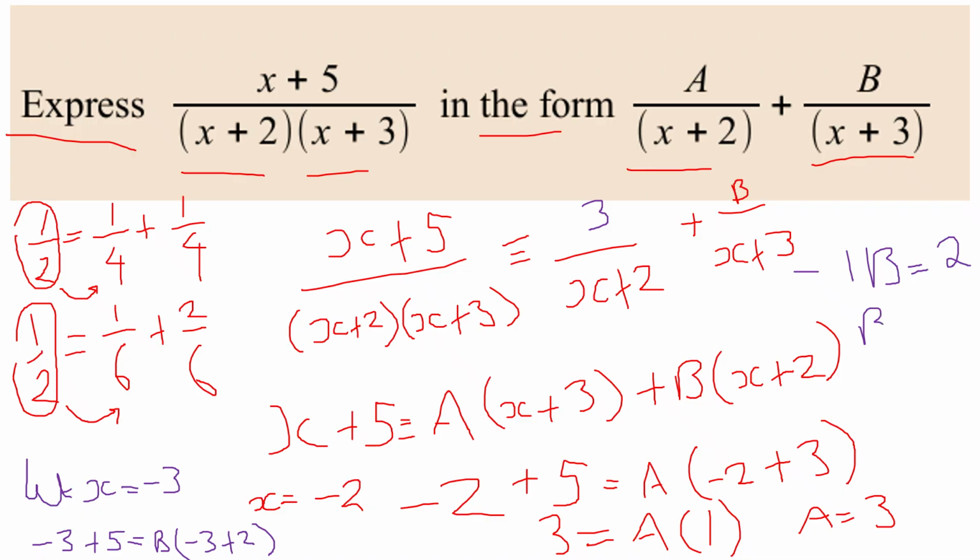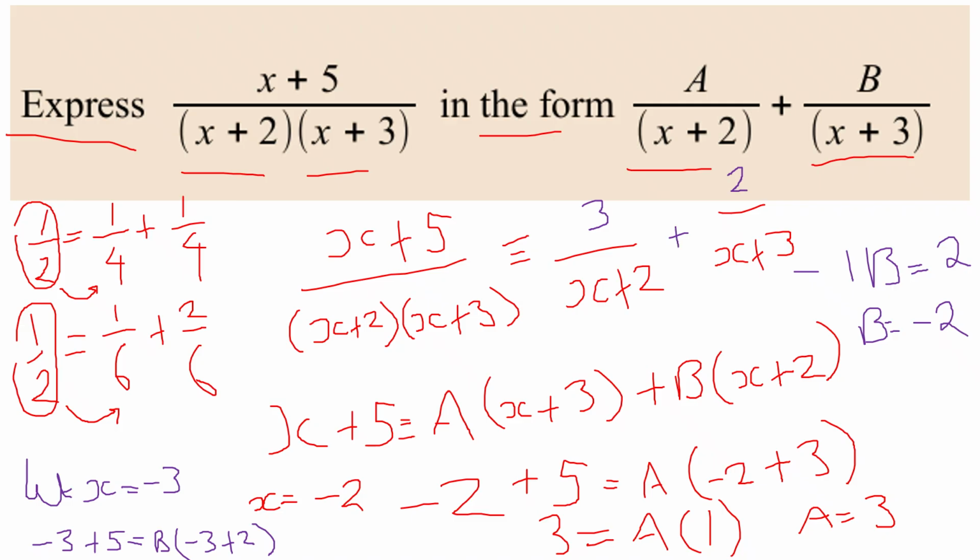So you change the sign on both sides, and therefore B is equal to minus 2 as our answer. Minus 2. There we go.